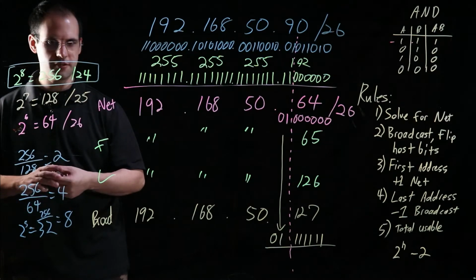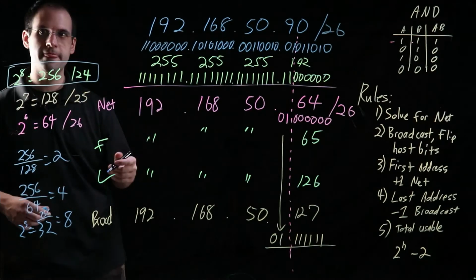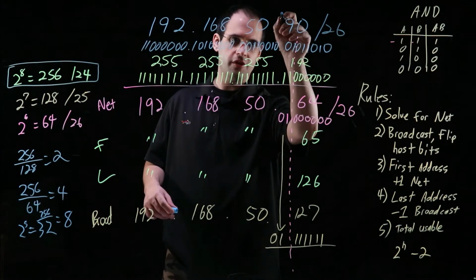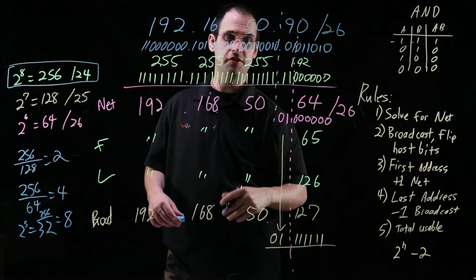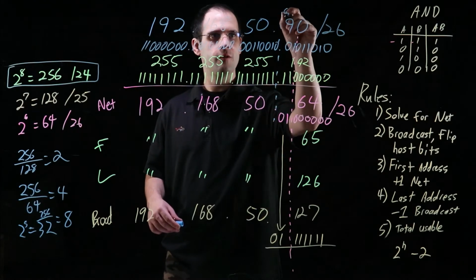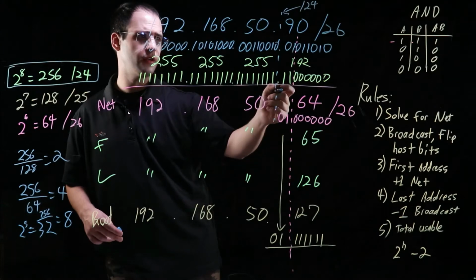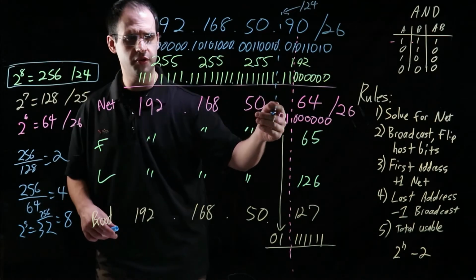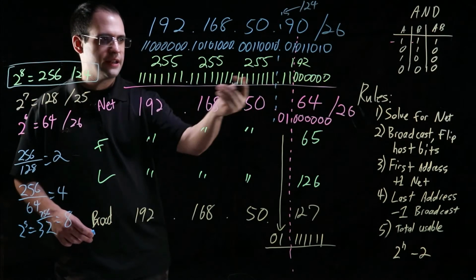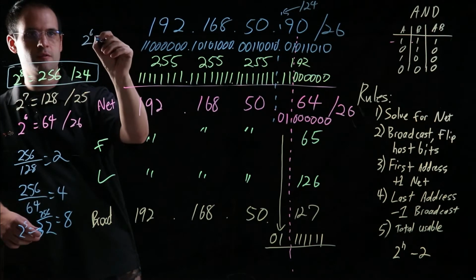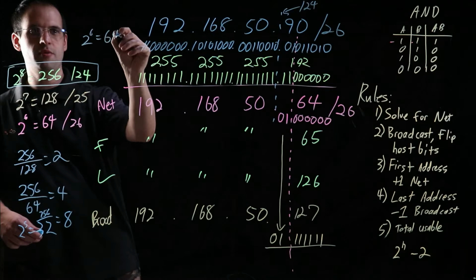Another thing we can notice here, kind of running out of space: if our classful boundary is a /24, and we have 2 to the 6 as our host bits, that's 64 per network.